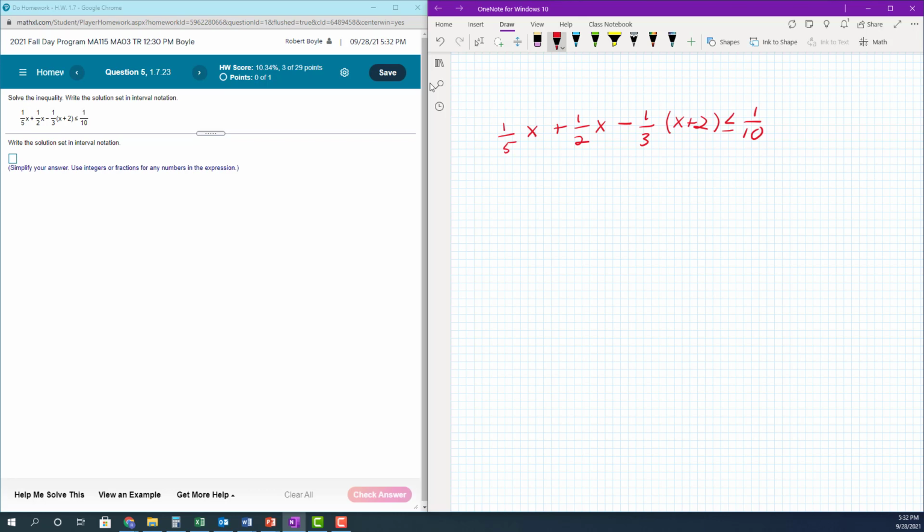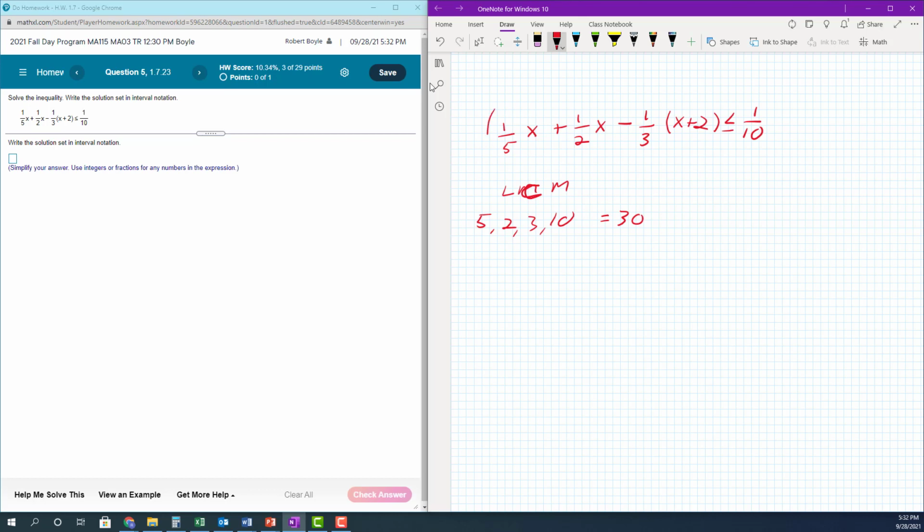Now what we can do is get rid of the fractions, and to do that we would actually need to find a least common multiple of 5, 2, 3, and 10. So we want to find the LCM of these. LCM, least common multiple. And actually that would be 30.